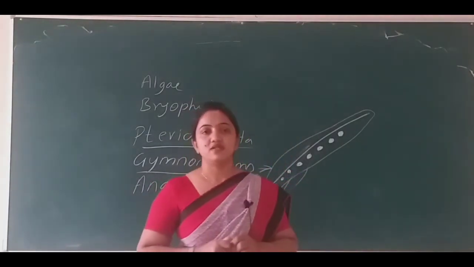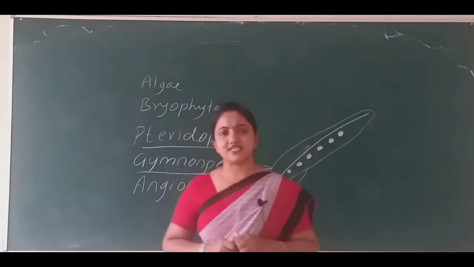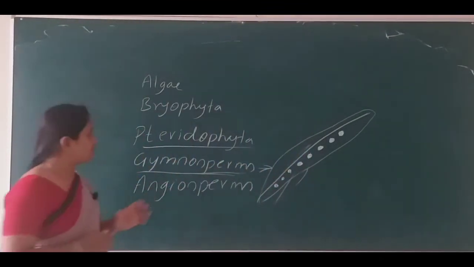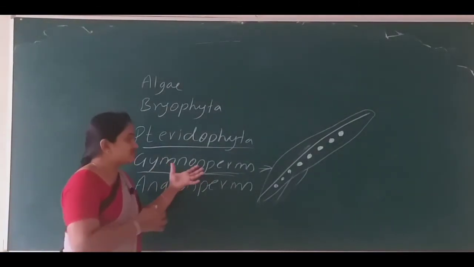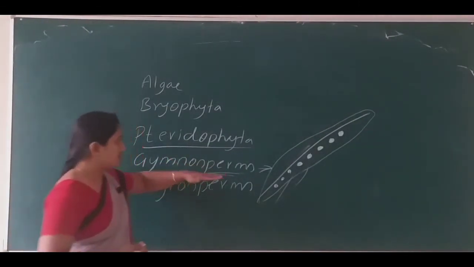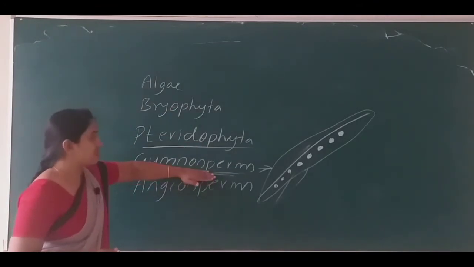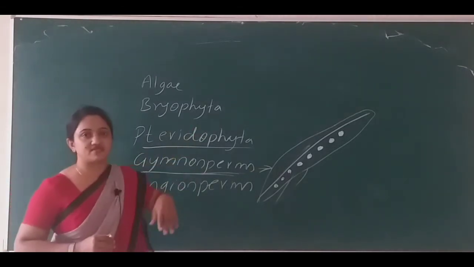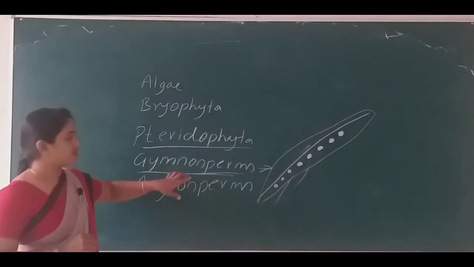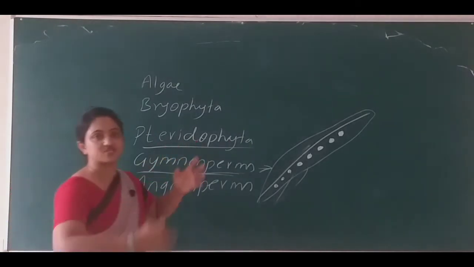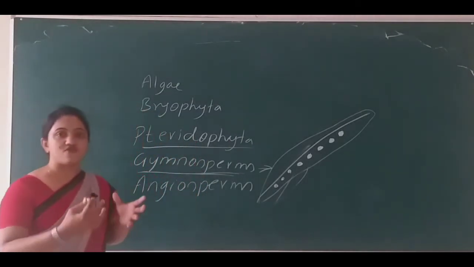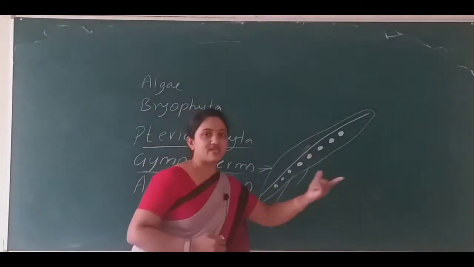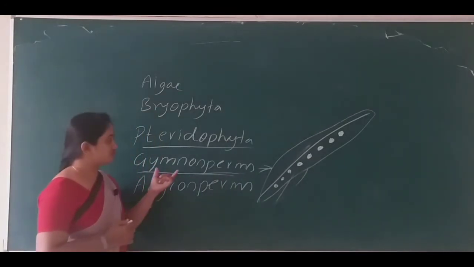Gymnospermic plants reproduce by sexual means. All these groups are not flowering plants, they do not bear any flowers, unlike Angiosperms. Then what is the mode of reproduction? How do they reproduce? What are the male and female gametes so that it can increase its population?